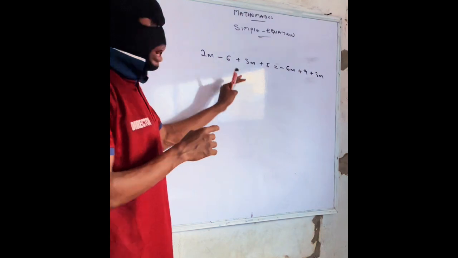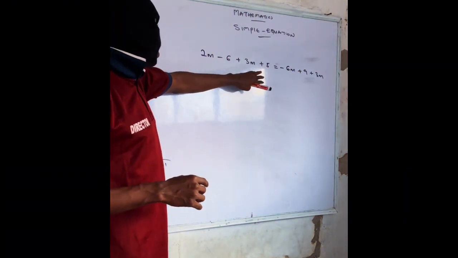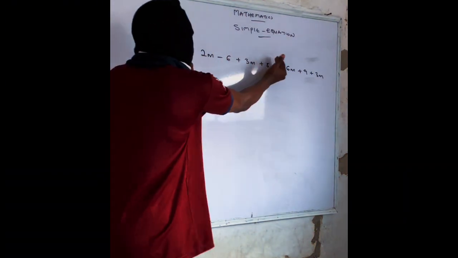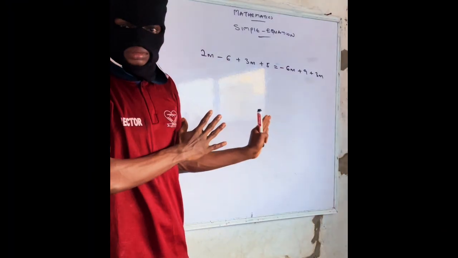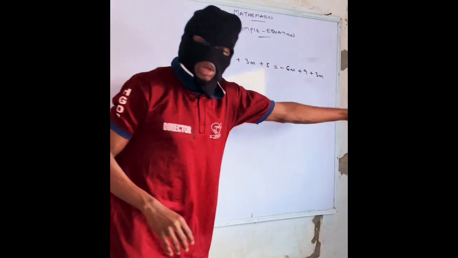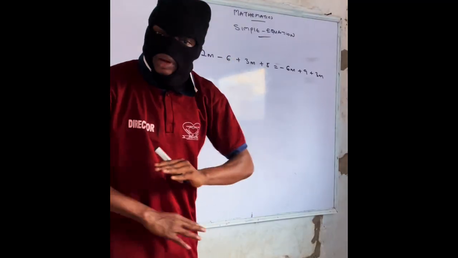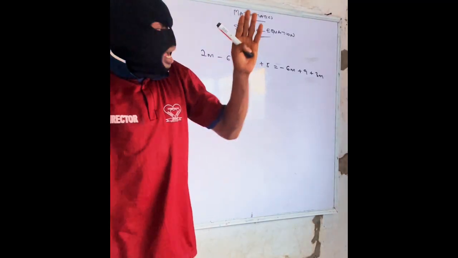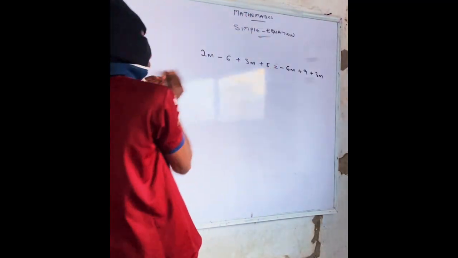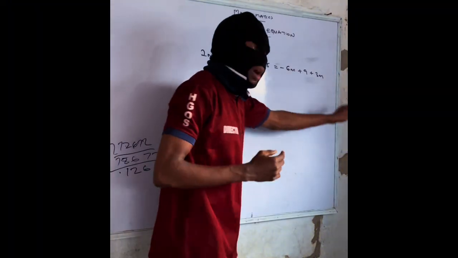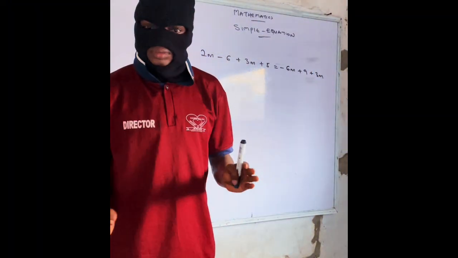Now you have 2m minus 6 plus 3m plus 5. All this is one part. If you remove the equals to and all these that are here, this is already an expression, no doubt.